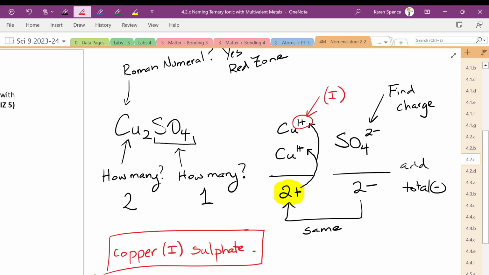If I had CO 3 times, it would look like this: CO3. So you just have one of those. It's 2 negative, which means that manganese, there's only one of those, will be 2 positive. So it'll be manganese. And lead is in the red zone, so it needs a Roman numeral. So you can try that one again if you want to.